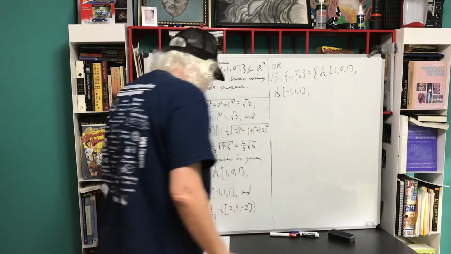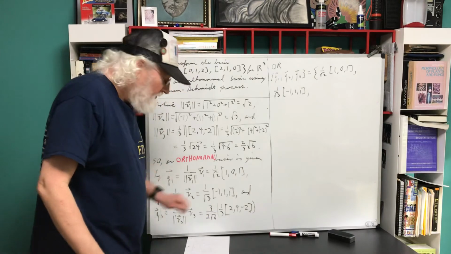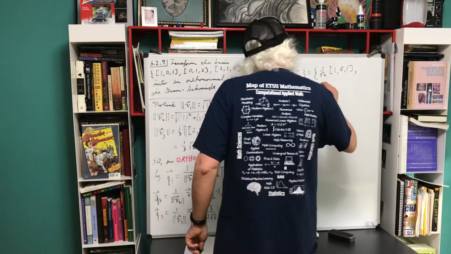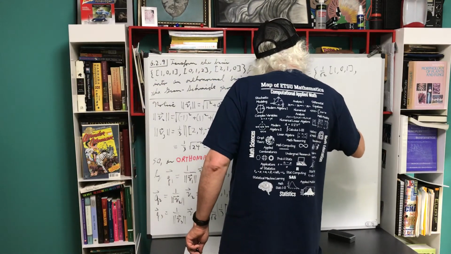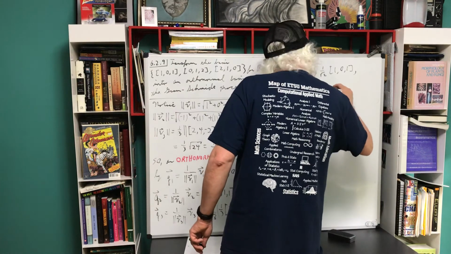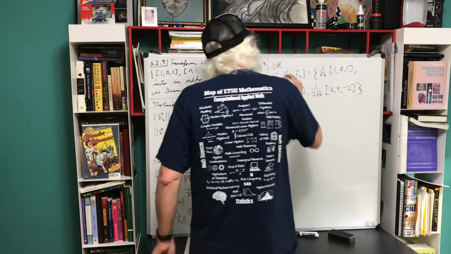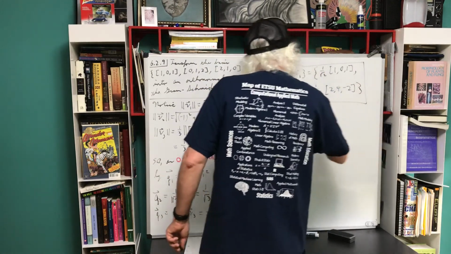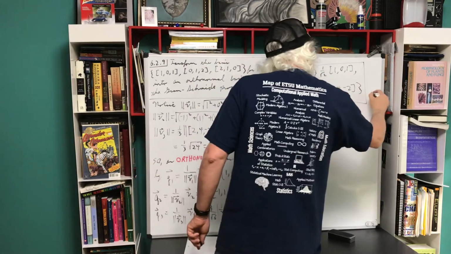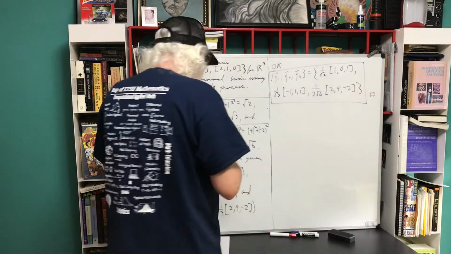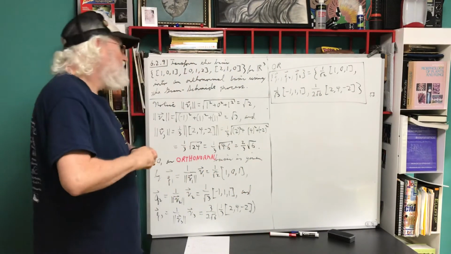And then this other stuff here. Let's cancel the 3s, so we get 1 over 2 on the square root of 6, times 2, 4, negative 2. And there's an orthonormal basis as applied to this original basis.